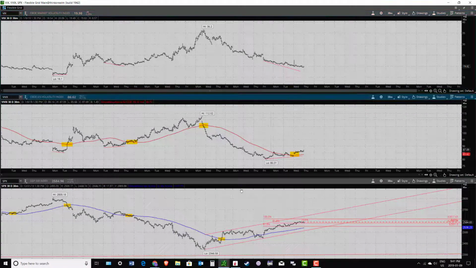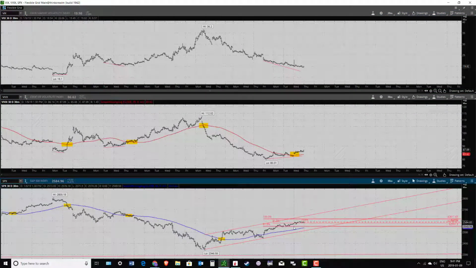Remember, this is all in the 30-minute charts. And right now that blue moving average is 25.38. Okay, so right around 25.40. And that's roughly 45 points away or so, which shouldn't take long if we can start trending down.